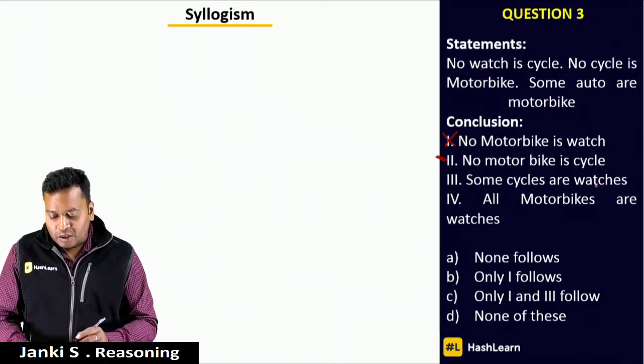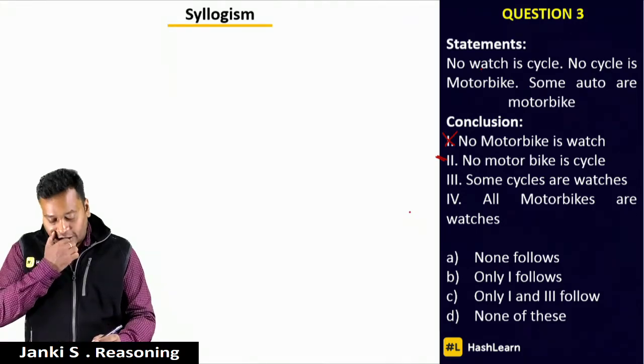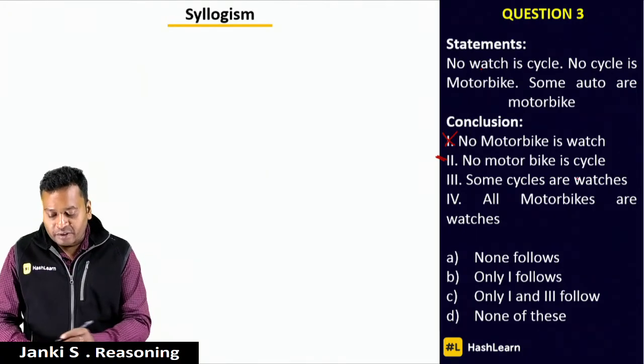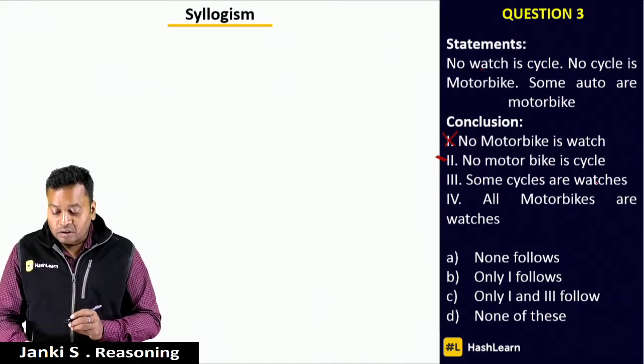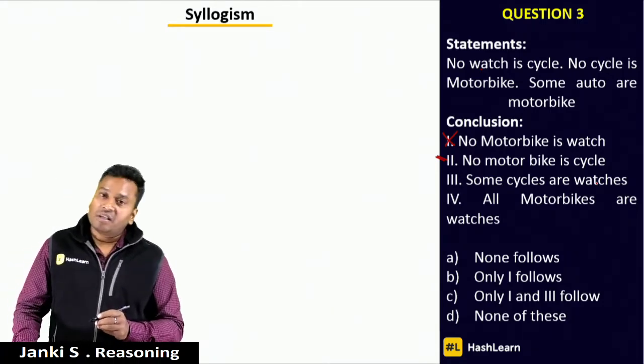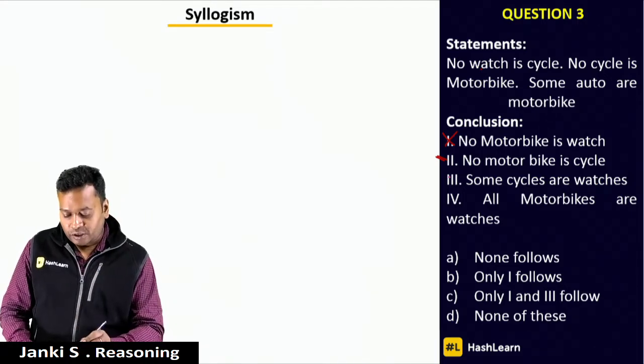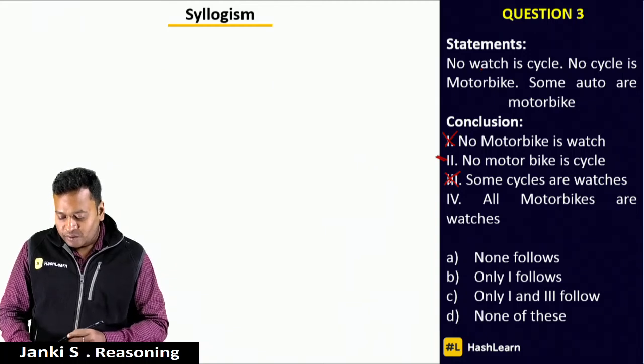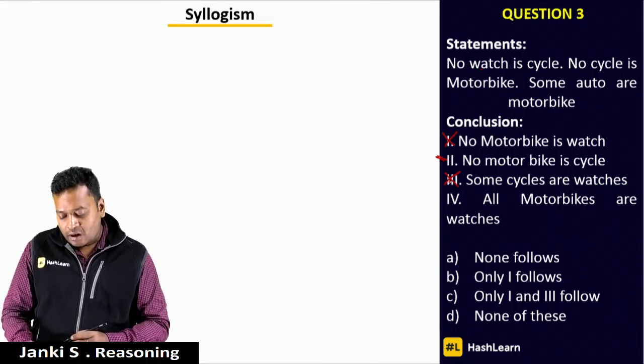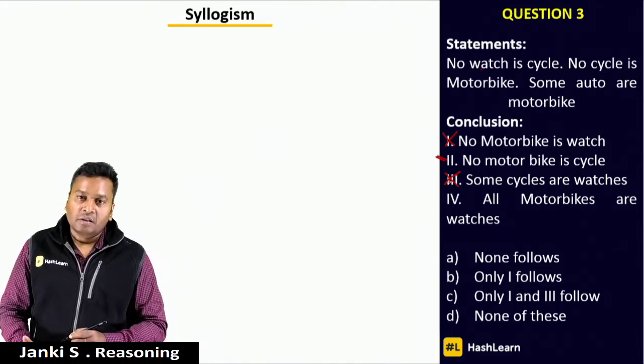Some cycles are watches. So some cycles are watches because here no cycle is motorbike. I'm talking about the same, right? So no motorbike is cycle is possible in this case. Some cycles are watches. Now whenever a negative is there, my answer should always be in terms of negatives, either negative or else no conclusion, right? So this is not negative, so this is also ruled out. All motorbikes are watches.